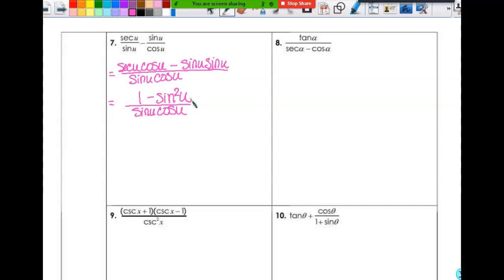Okay, then now can I cancel some sines out right here? No, because I have more than one term, right? So I can't cancel anything out. But I got a sine squared, so I go back and look, and if I hadn't figured this out by now, 1 minus sine squared is the same as cosine squared. So you get cosine squared over sine u cosine u.